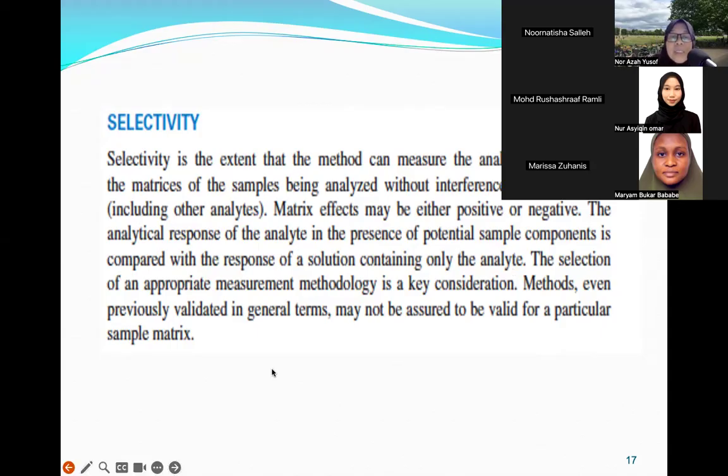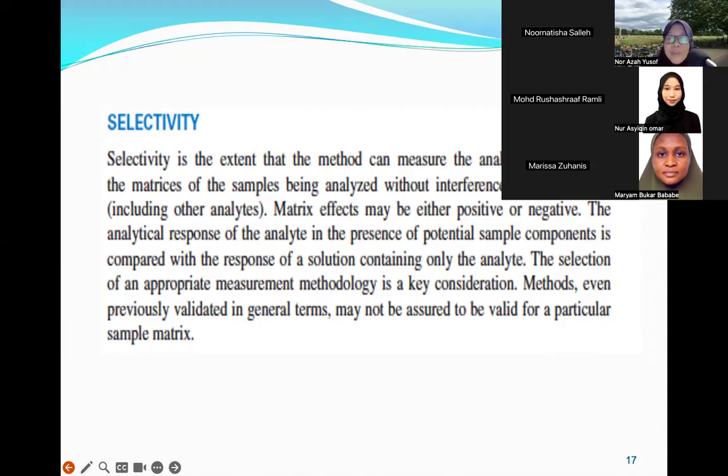The selection of an appropriate measurement methodology is a key consideration. So selectivity, remember, is the extent to which the method can measure the analyte of interest, the one that we wish to measure, in the matrix, meaning everything in the sample being analyzed, without interference from the matrix.